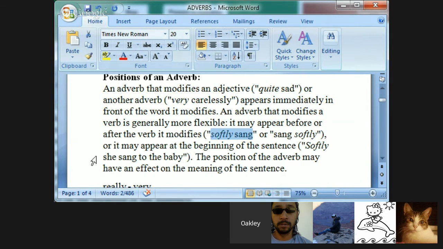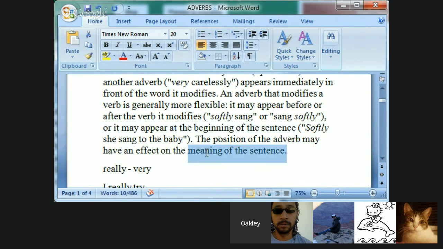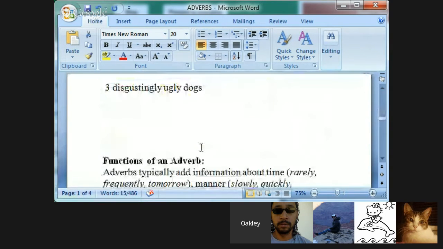Or frequently they can go at the beginning of a sentence. Softly she sang to the baby. She softly sang to the baby. She sang softly to the baby. All of those are possible positions. However, you've got to be a little careful because that positioning can change the meaning of a sentence.